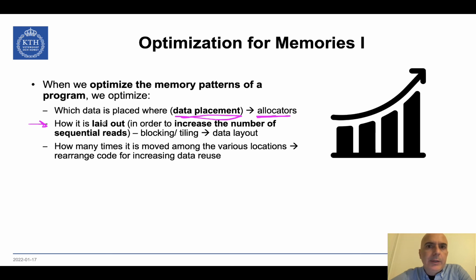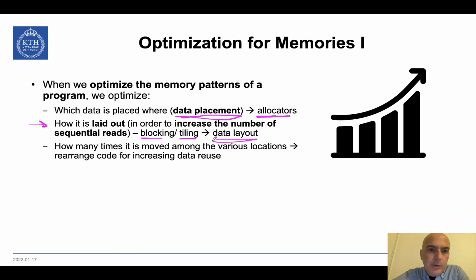For instance, a technique widely used in HPC is taking an array and dividing it into small blocks, called tiles or blocks. Techniques like blocking and tiling allow us to divide our data into small tiles that fit perfectly the capacity of a certain memory. So for instance, we can design data layouts that fit perfectly to different cache levels in order to improve the usage of the caches. So data layout is an important aspect when doing HPC.